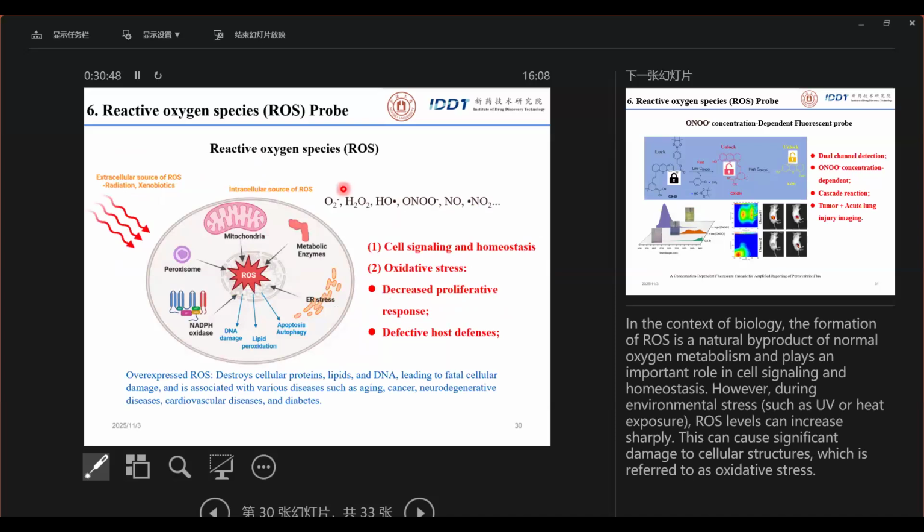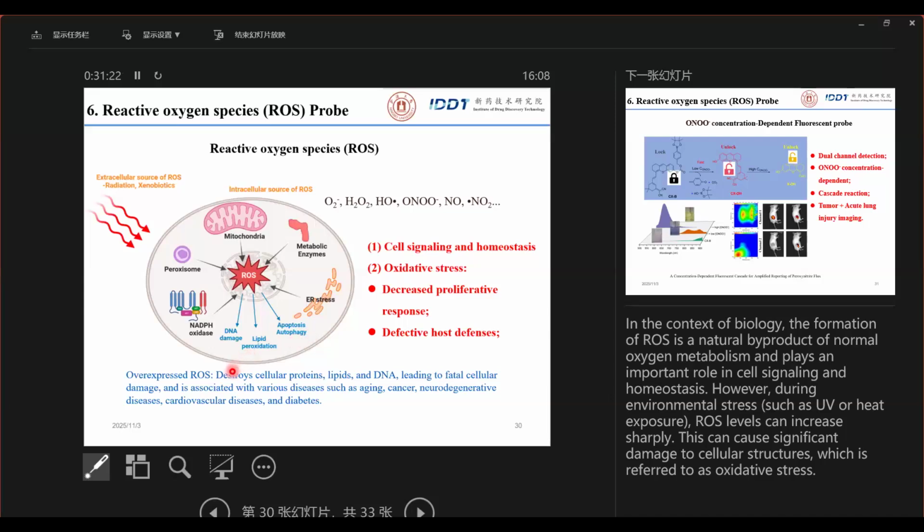Also, we developed probes for reactive oxygen species, which we have just talked about. These are highly reactive oxygen species like HClO, OH, peroxynitrite, nitrogen oxide, and so on. When overexpressed in cells, they can destroy cell proteins, lipids, and even DNA, causing DNA damage or lipid oxidation, as well as inducing cell apoptosis.